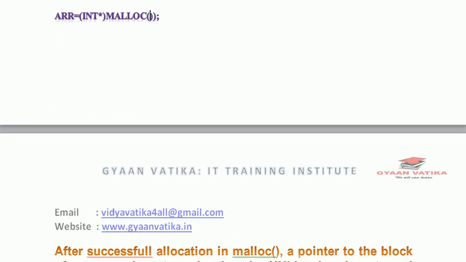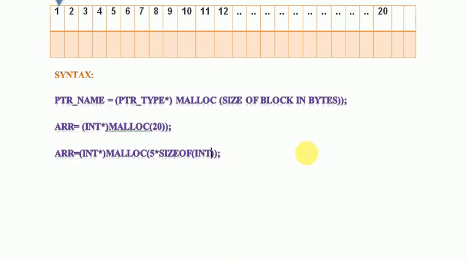We can also use the size of operator here, 5 into size of int. So here the size of int is 4, 5 into 4 means 20 bytes will get reserved, right?